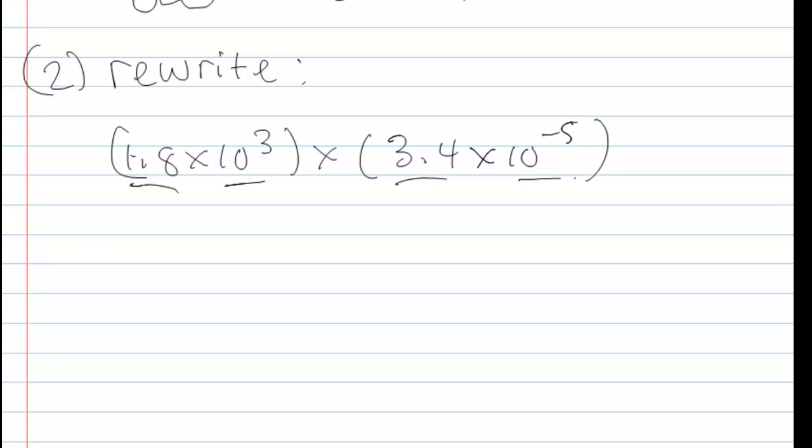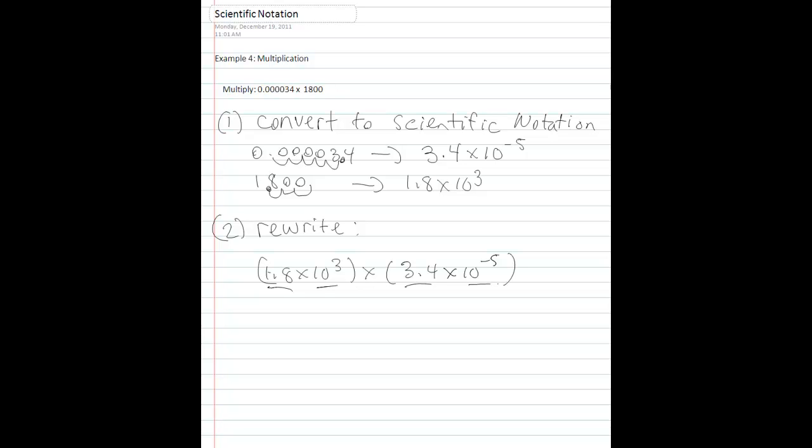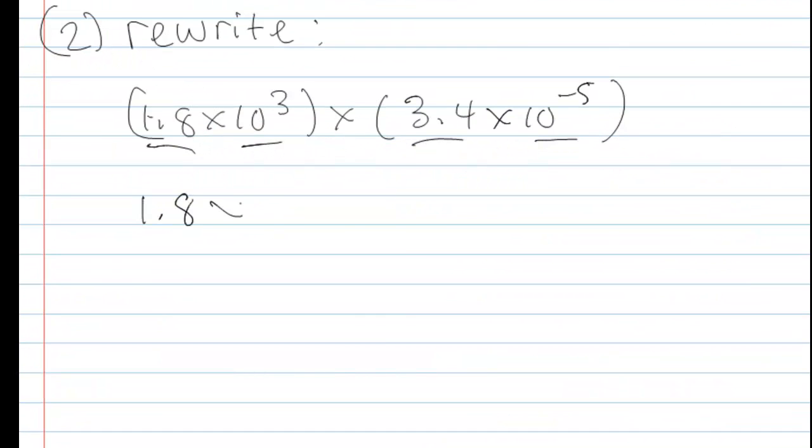They are all being multiplied together, and I am allowed to change the order of any of these numbers as long as they're all being multiplied. This means I can rewrite it to say something totally different, but it still represents the same thing. I can rewrite it as 1.8 times 3.4 times 10 to the 3 times 10 to the negative 5.